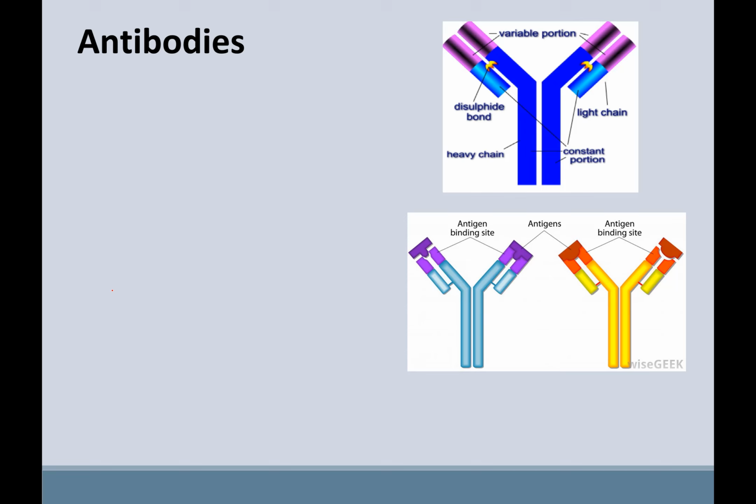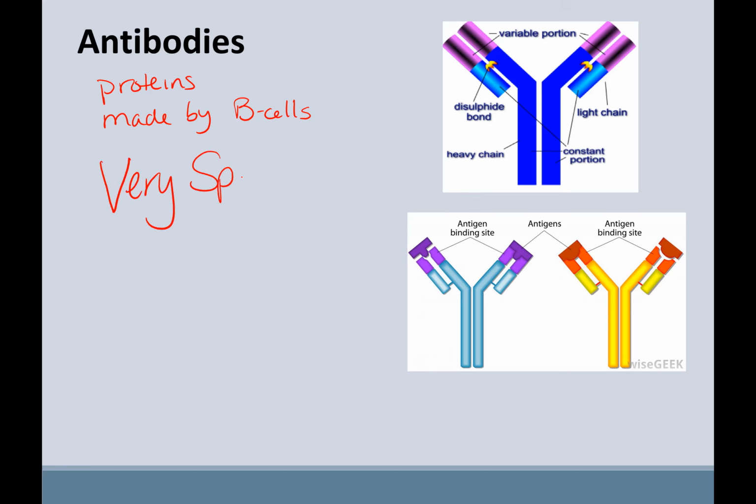One of the most important components of the adaptive immune response is antibodies. So antibodies are proteins that are made by B cells, and they are very specific. Okay. So hopefully you've heard of antibodies before.